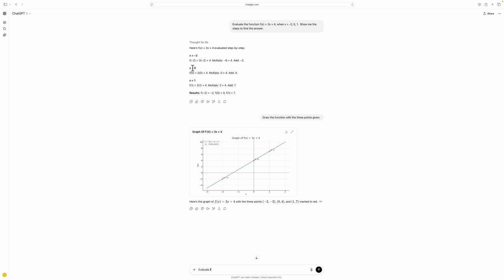Okay, let's do the next one. Evaluate f of x equals x squared, right, we use the caret. You can put a space, 2x, and then you can do a space if you want, -3. And you don't need the space, but I'm going to do it anyway. And then I'm going to say when x is equal to -1, 0, 2.